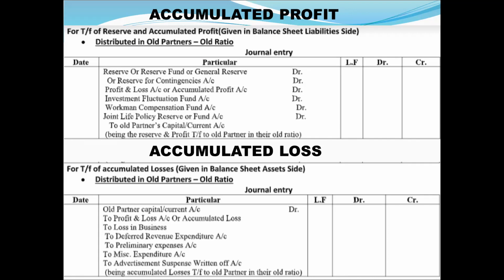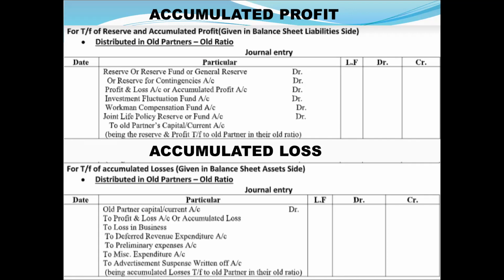Deferred revenue expenditure. In business, deferred revenue expense is an expense which is incurred during the accounting period.